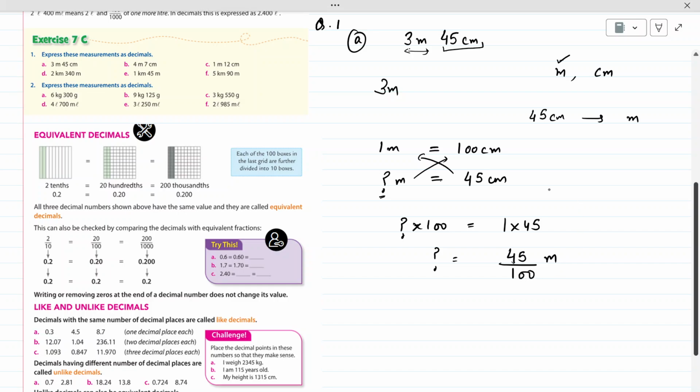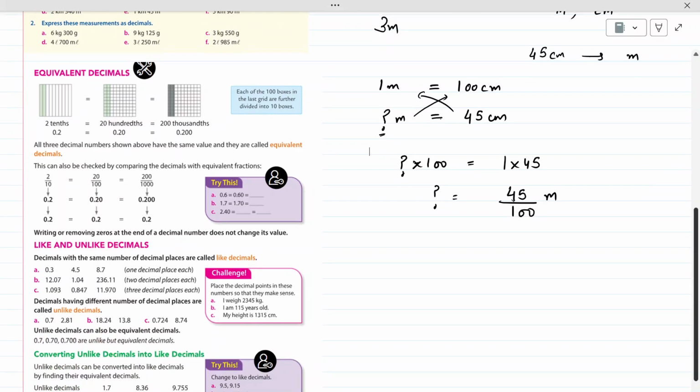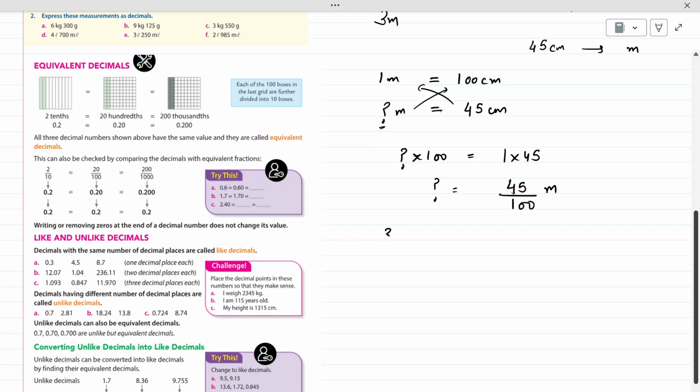Now coming back to the question, we have 3 meters and 45 centimeters. We can keep 3 meters as is and we have to add 45 centimeters to it. This 45 centimeter is nothing but 45 divided by 100, and now this complete is in meter, right? 3 was also in meter and 45 by 100 is also in meter.